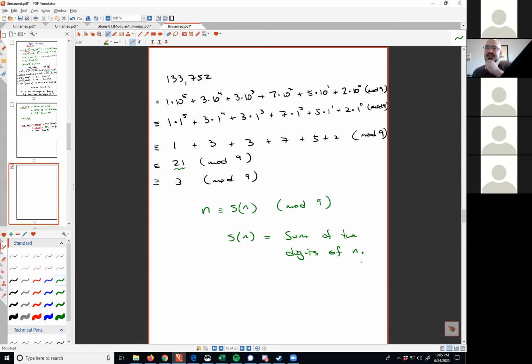Now, real quickly, does anybody know a divisibility rule for 11? It would be that it repeats from 1 to 0. I'm going to leave this as an open question.